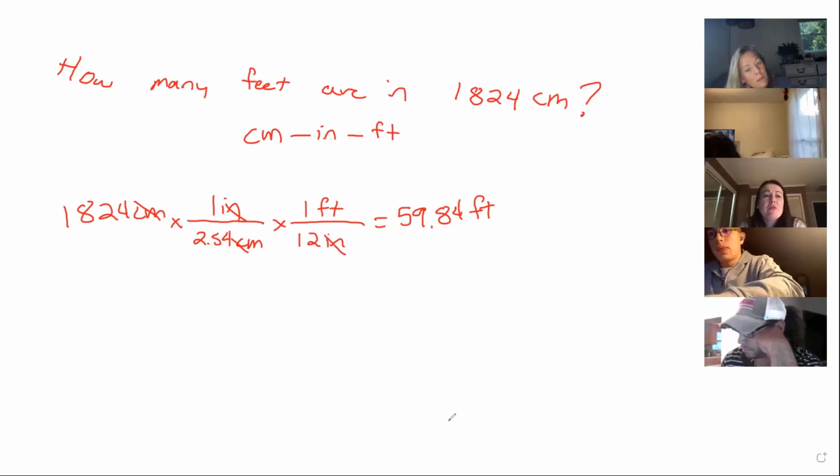But if they ask you to round to the nearest 10th, would it be 59.7? No. For this one, let's say we wanted to round to 3 sig figs. If we wanted to round to 3 sig figs, the 4 is going to tell the 8 to stay. So 59.8. If we wanted to round to 2 sig figs, the 8 would tell the 9 to round up, and it would be 60.